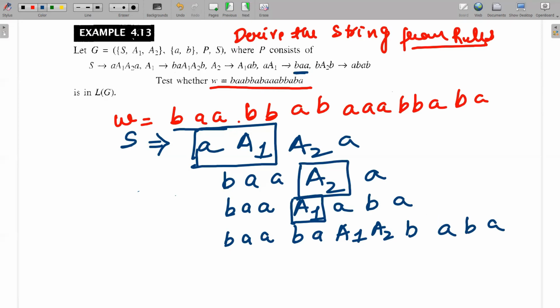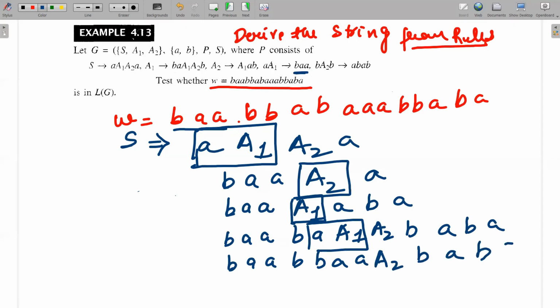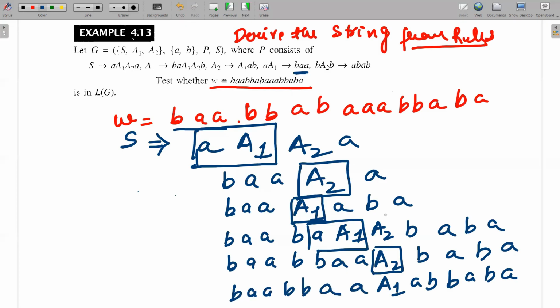Clearly, your AA1 is providing you with double B double A. We have got A2 B ABA. Now, your A2 is providing us with A1 AB, then B AB A, and we have got BAA, double BAA. Now we have got BAA, double BA.